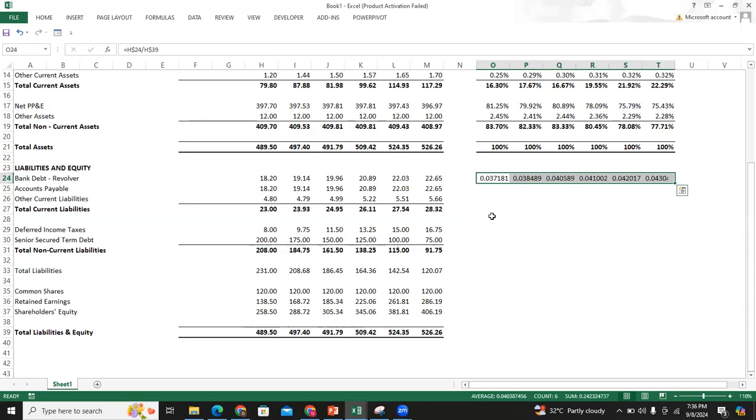Control R, the formula would be working, and then it will be working for my further cells.